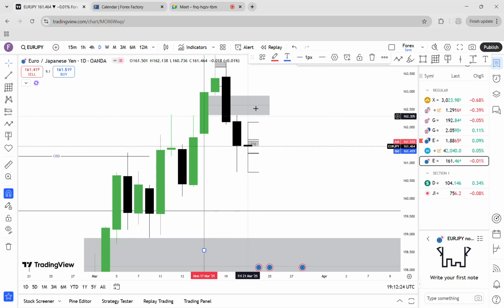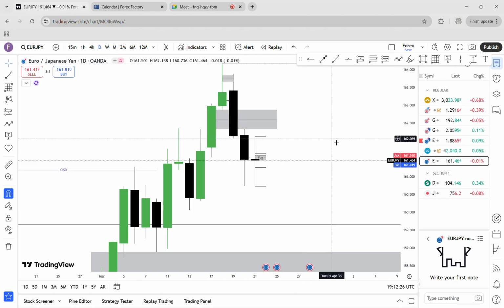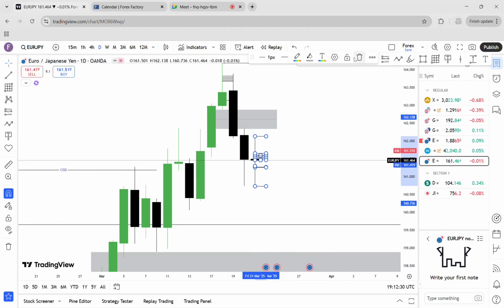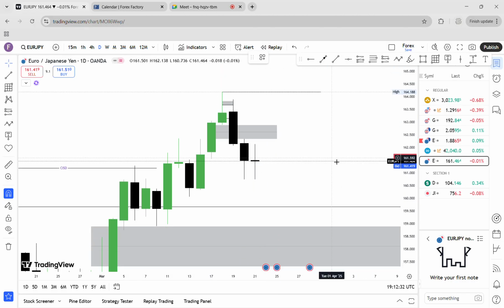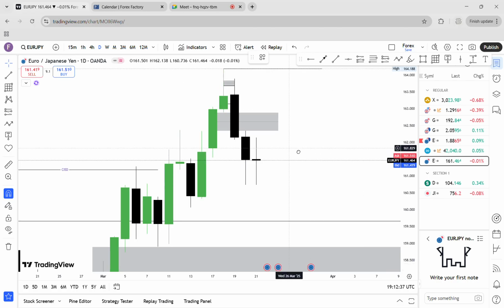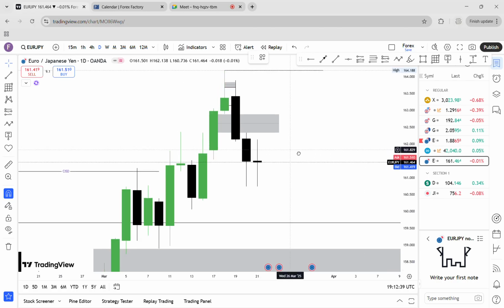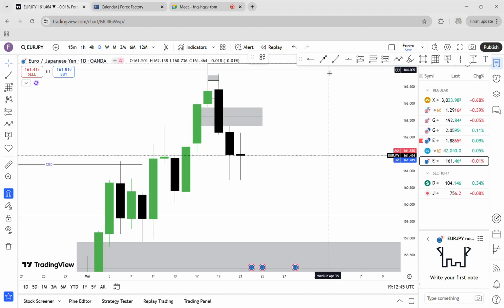Once price creates a candle like this, it's very good to trade. But you don't understand. Okay? So you just said, isn't it that before the expansion it would take the opposite liquidity first? No, not every time. Okay. That is why I'm telling you that. You see right here, this is the candle.